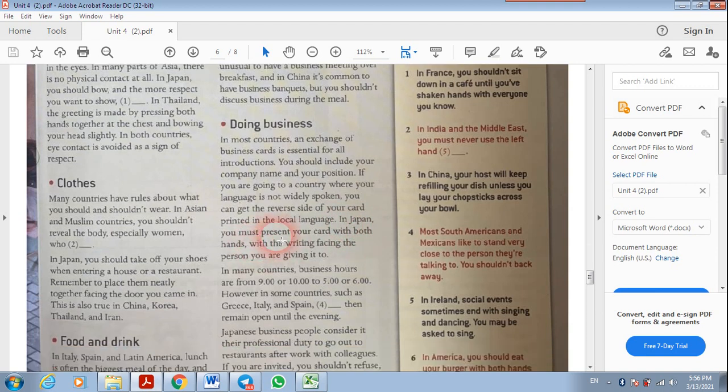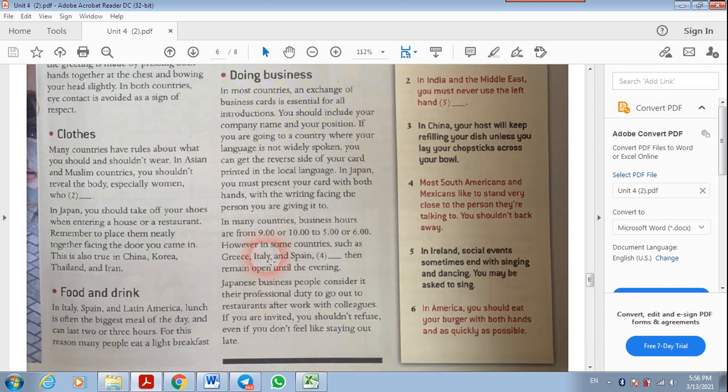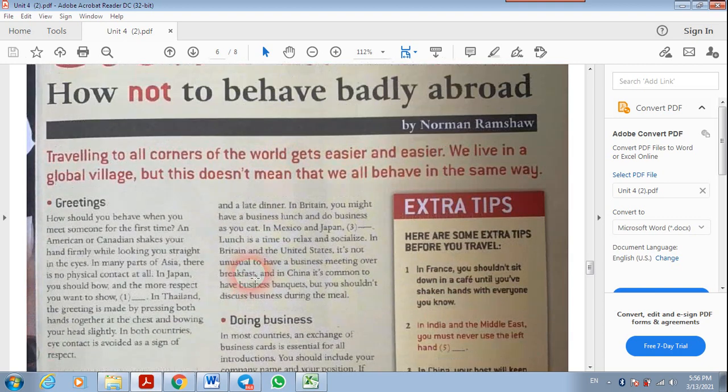In Japan, you must present, this is obligation and strong obligation. يعني هذا التزام والتزام قوي. مو بس should, must. should هو التزام أقل حد قوة. You must present your card with both hands, just like here in the picture.